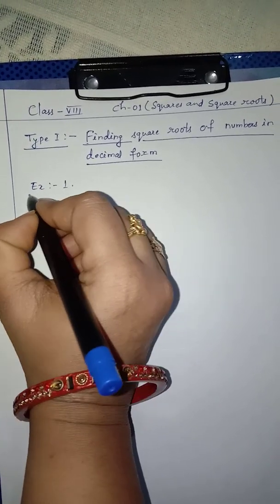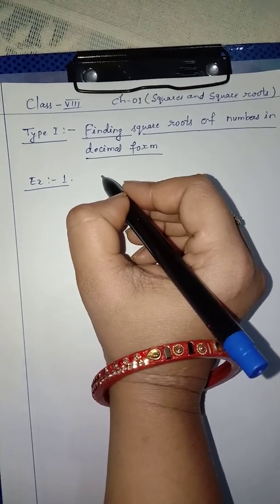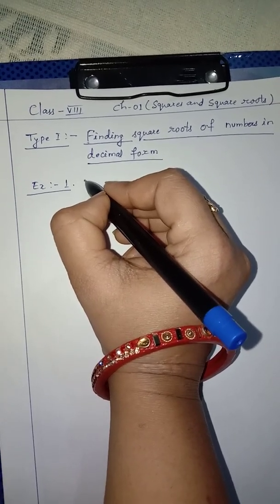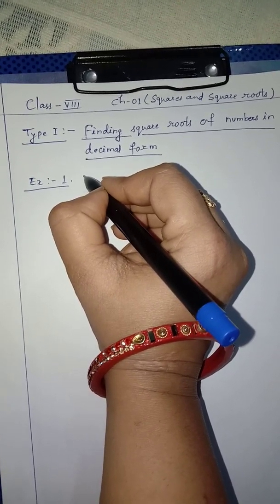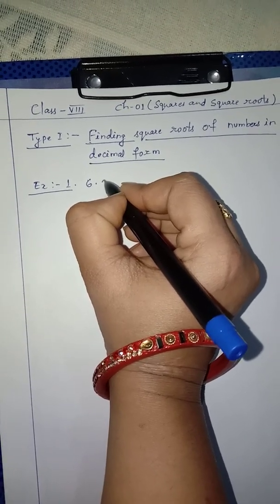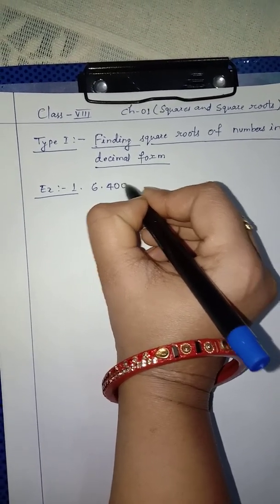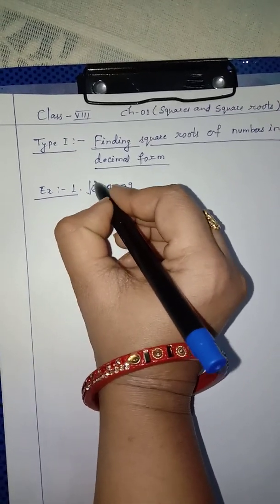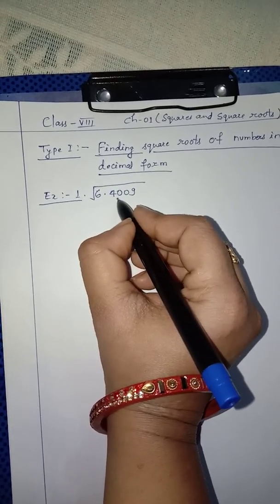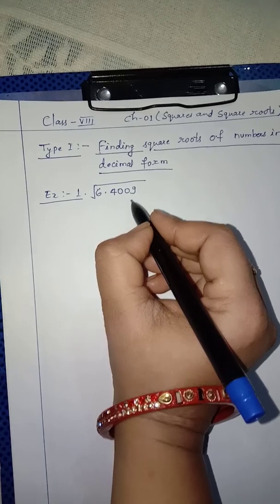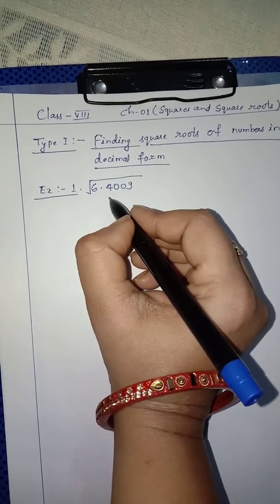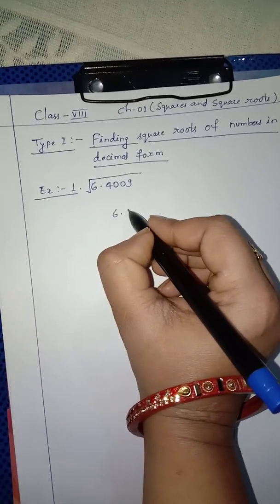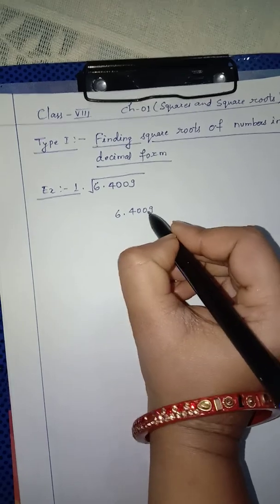Example 1. Suppose that we have to find the square root of 6.4009. First of all, we should know that in decimal numbers there are two parts.